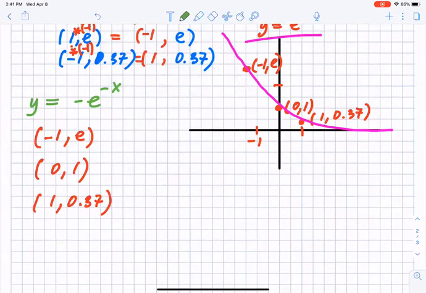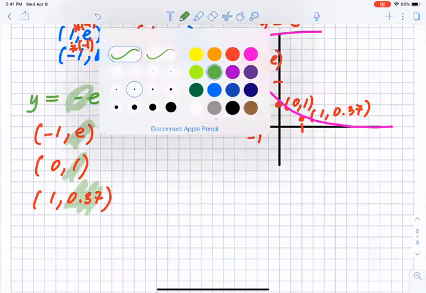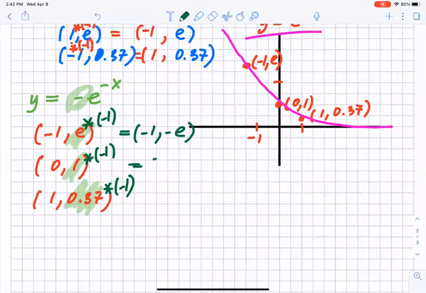This is the same as multiplying y coordinates by -1. So we're going to have -1, -e, 0 and -1, 1 and -0.37.